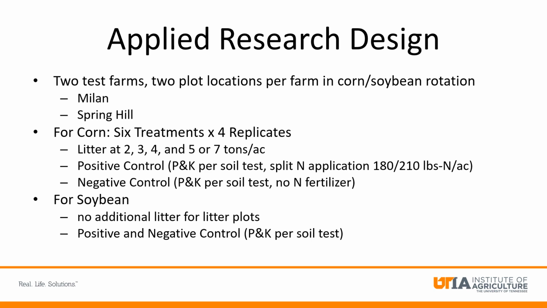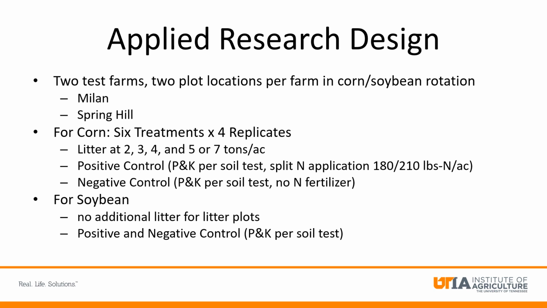Very briefly, I'd like to cover the applied research design for the data that I'm going to present today. We had 2 test farms. Each farm between 2019 and 2020, there were 2 plot locations established per farm, and each of those plot locations will be in a corn and soybean rotation.